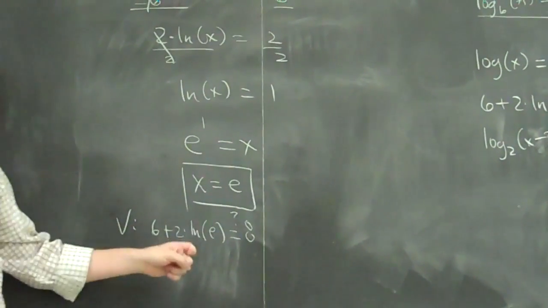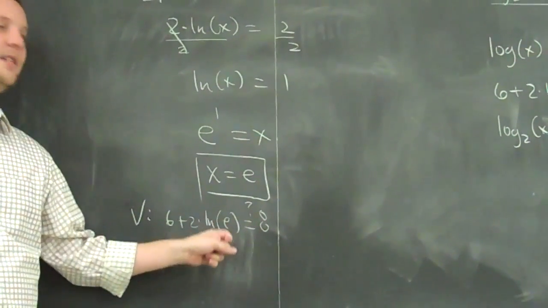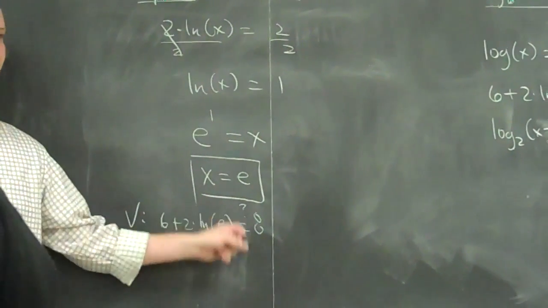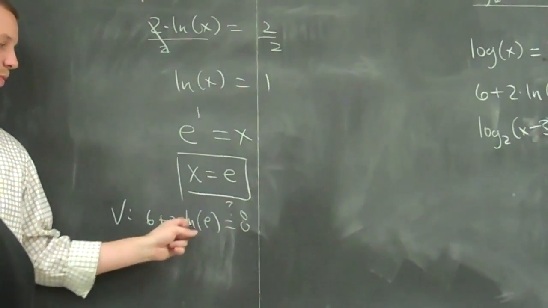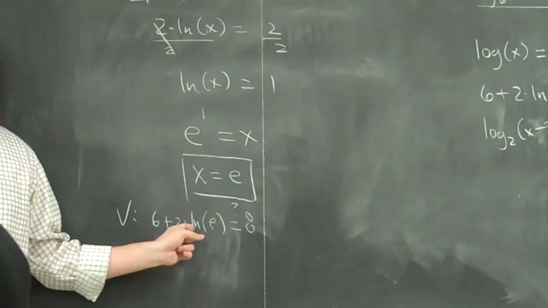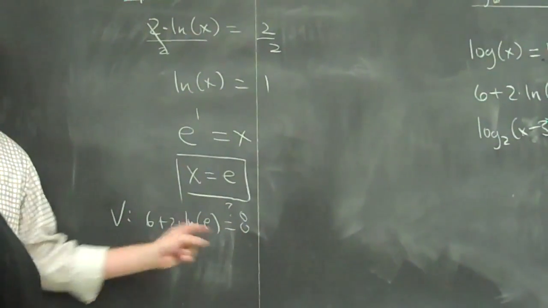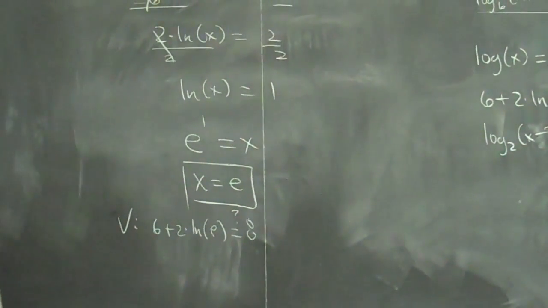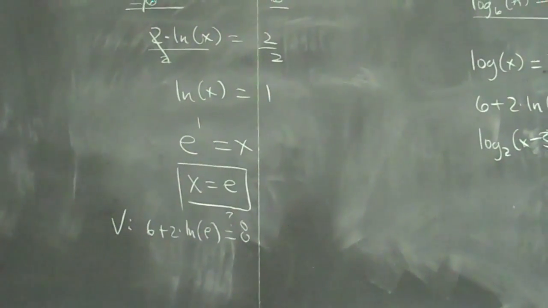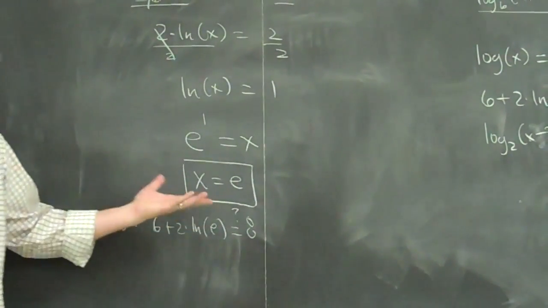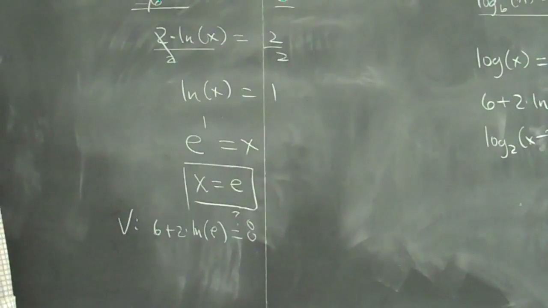But if I take the natural log of that number, this is log base e of e. Isn't this 1? The natural log of e is 1, and 1 times 2 is 2, and 2 plus 6 is 8. So it checks. And it was going to check as long as I wasn't trying to take the natural log of a negative number or something like that.